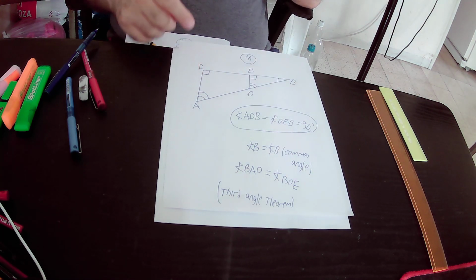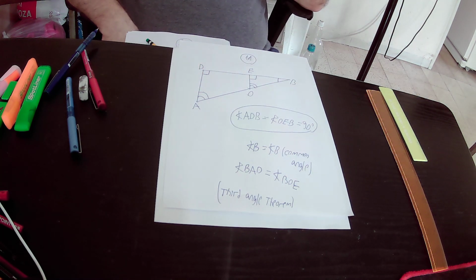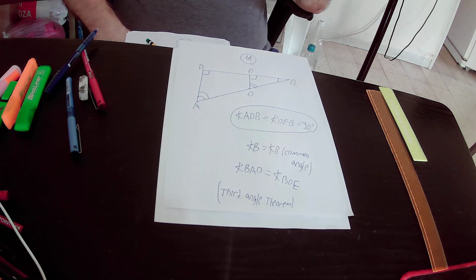The third angle theorem states that if you have two angles in a triangle that are equal to two angles of a second triangle, then the third pair of angles must also be equal, because the third pair of angles must complete the sum of the angles in a triangle to 180 degrees.